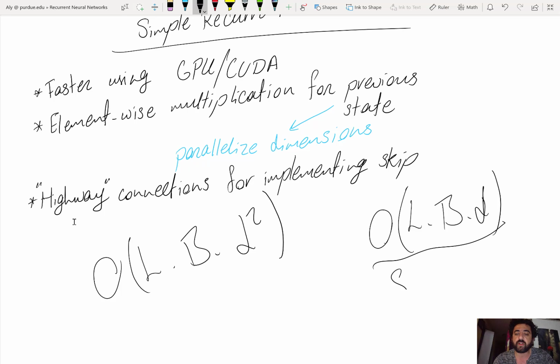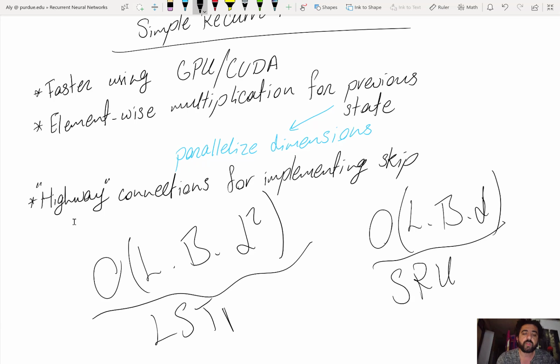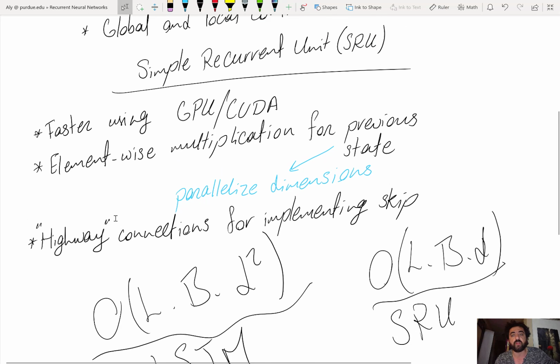So this is for SRU, and this is for LSTM. Basically, it reduces the dependence on D, the dimensionality of the state vector, from square to linear, right? And that ends up in many practical situations making things much faster when using SRUs, at the cost of slight reductions in many cases in accuracy due to the element-wise multiplication in the state-to-state transition. Thank you.